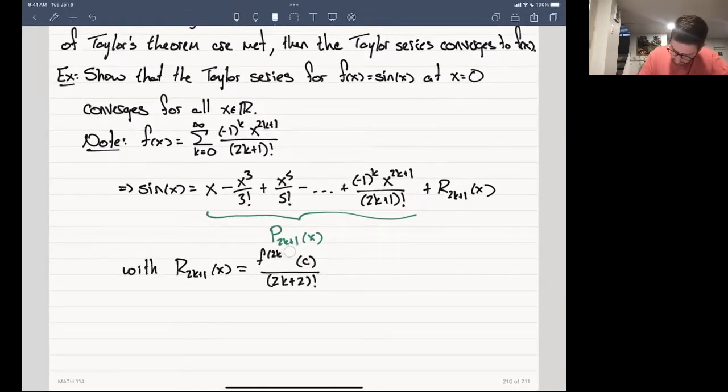Sorry, this should be 2k plus 2 in the number of derivatives, and then x minus 0, so I don't need brackets on this, x to the 2k plus 2.